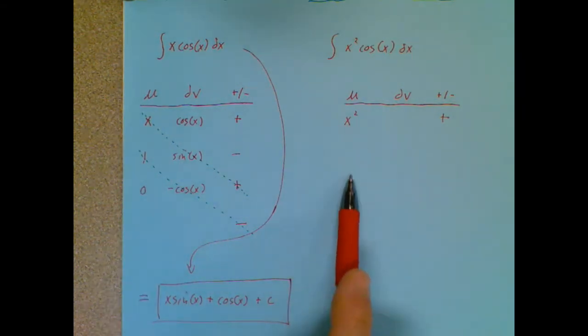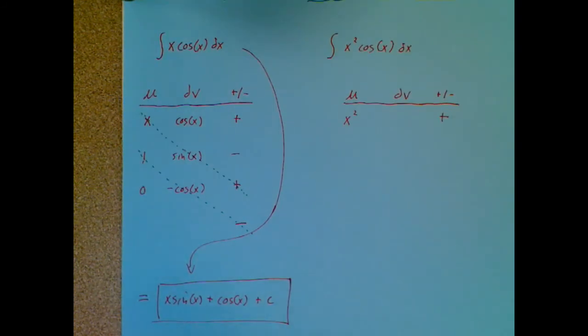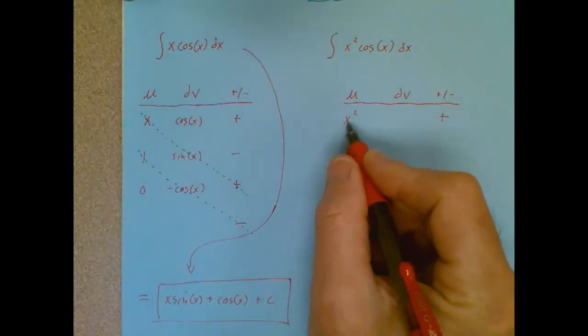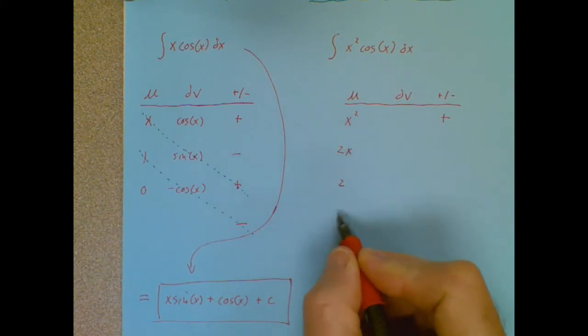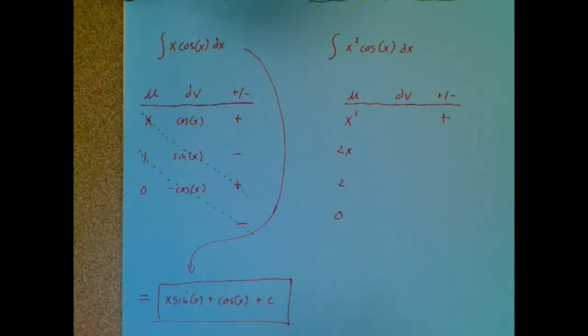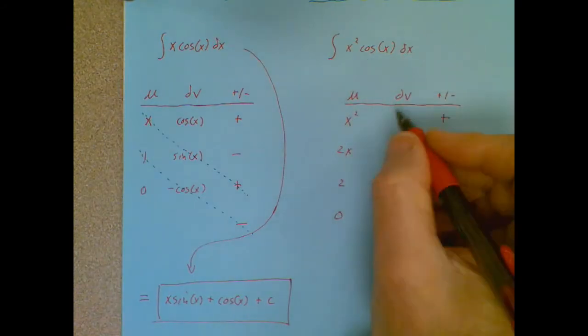If I never get down to a derivative of 0, I never get to stop this process, and nobody has time to donate the rest of their life to something like this. So the derivative of x squared is 2x, the derivative of 2x is 2, the derivative of 2 is 0. That tells me I've made a good choice. If I chose that for u, that has to be my dv.